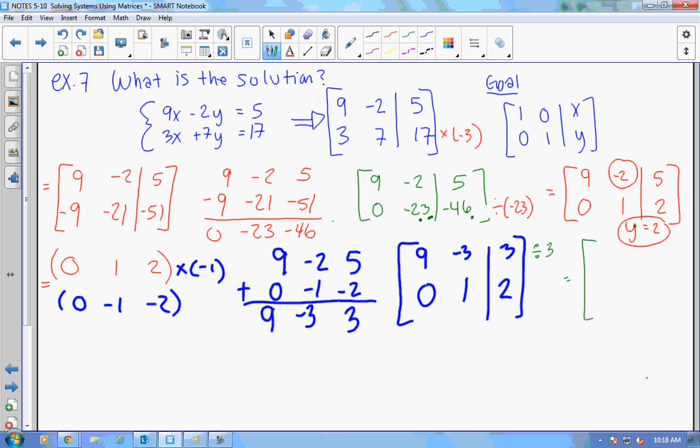Okay, so 9 divided by 3 is 3. -3 divided by 3 is -1. Interesting. 3 divided by 3 is +1. I can see a 0 happening. Add the bottom and the top. Is that why you said no, use a +3? Because 1 minus 1, when we combine those, we get 0.